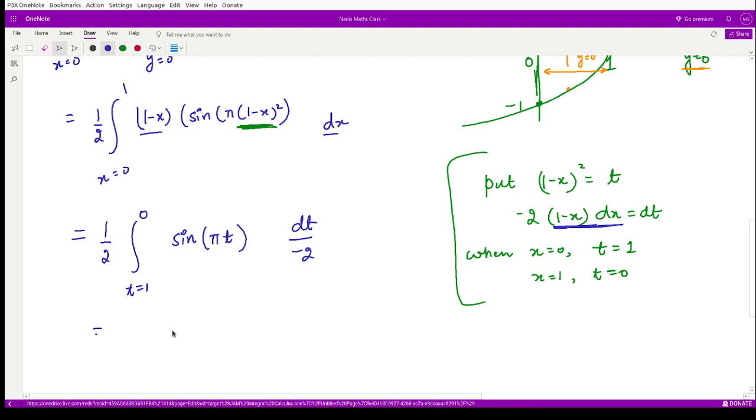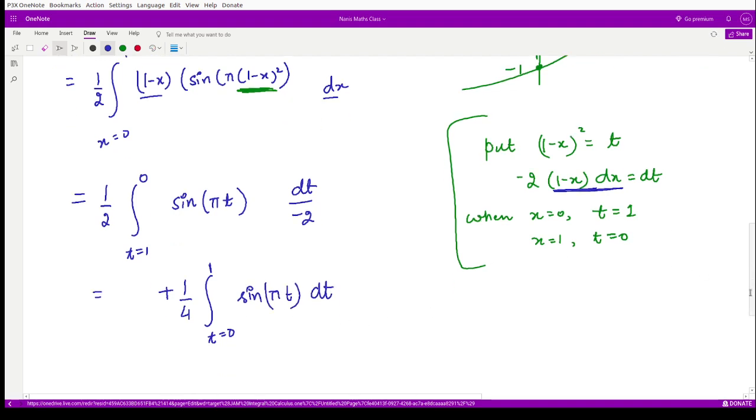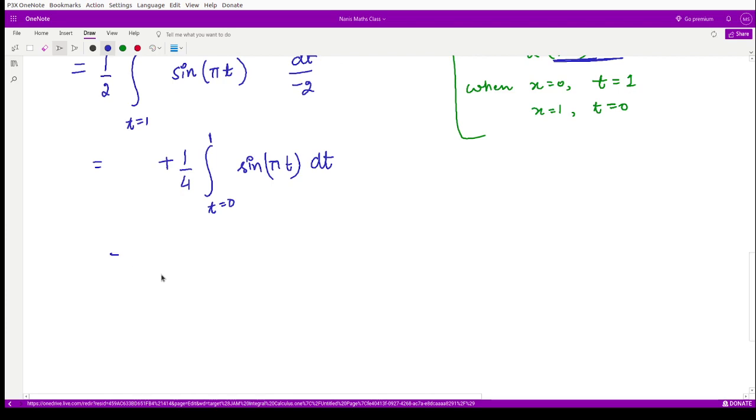So this becomes minus 1 by 4 integration. This minus can be absorbed to invert the limits. So I can write plus 1 by 4 integration limits from t varying from 0 to 1 sine of pi t dt, right? So here, what is the integration of sine?